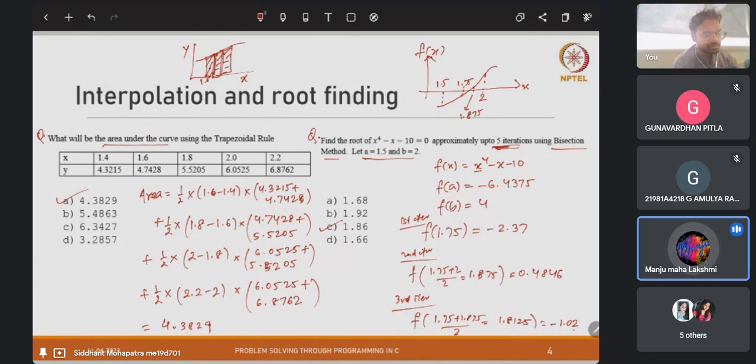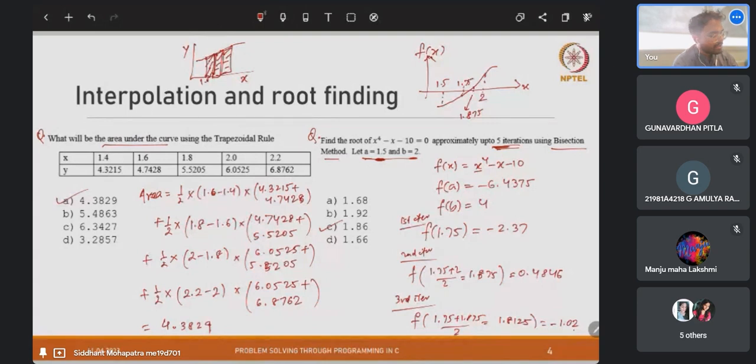Sir, for bisection we can take any values, it's our wish? Yes, it just needs to have opposite signs. You can take any starting values, like here 1.5 and 2 are provided, but you can take any starting values provided that one value is before the root and the other is after the root.